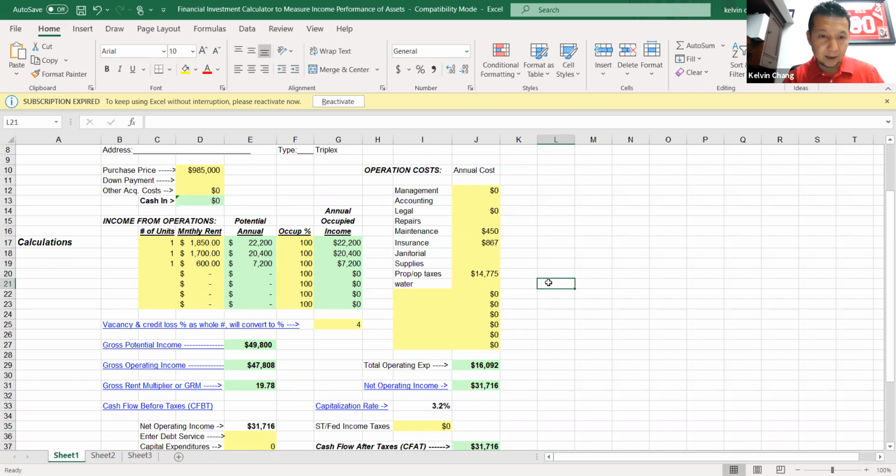Okay. So when you look at all of this, it really comes down to property tax and whatnot. Because right now, my net operating income is $31,000, and the owner's current property tax is very low.